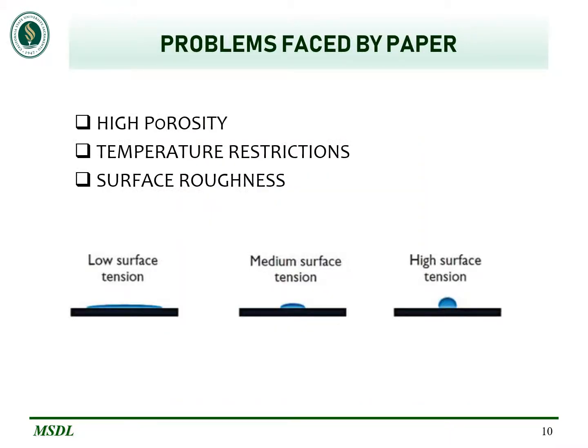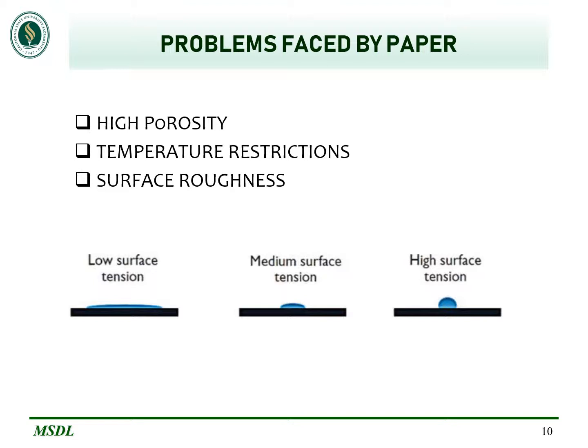In the previous slides, we talked about the advantages of substrate paper and their applications. But what about the problems faced by paper? When it comes to substrates, the most important characteristics are smoothness and wettability. Some substrates can be prepared for better suitability using pre-treatments such as coating or corona discharge.